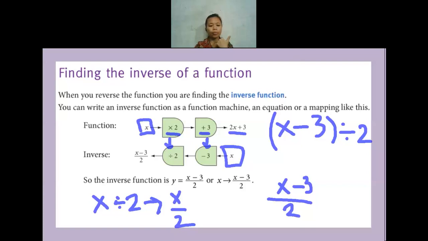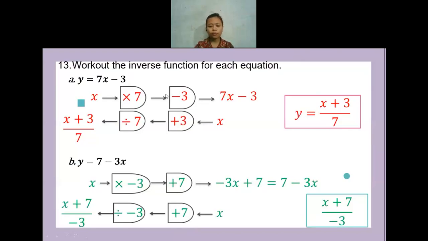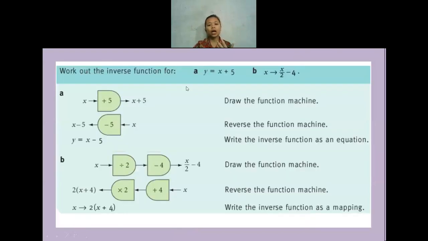For another example, we already have the equation. Sorry. The equation is y equals x plus 5 for the first question. From this question, we need to draw the function machine. The input is x. I need to add 5 to it, so I will get x plus 5.